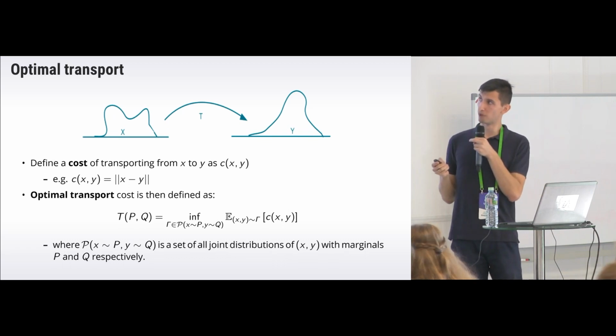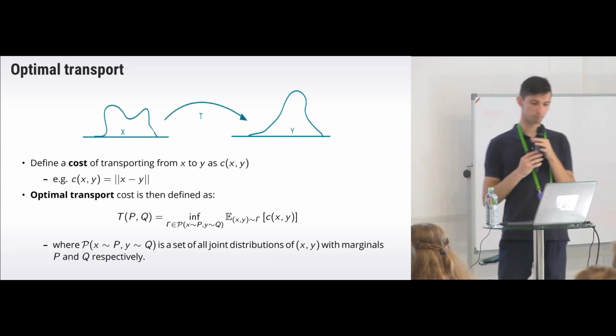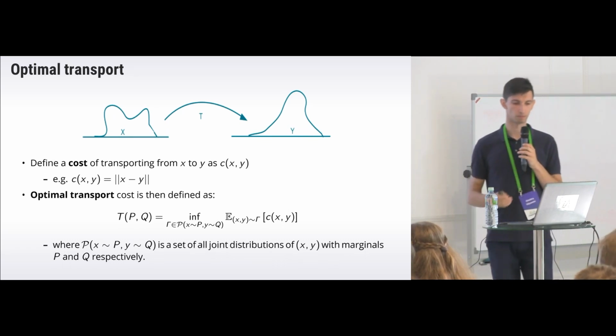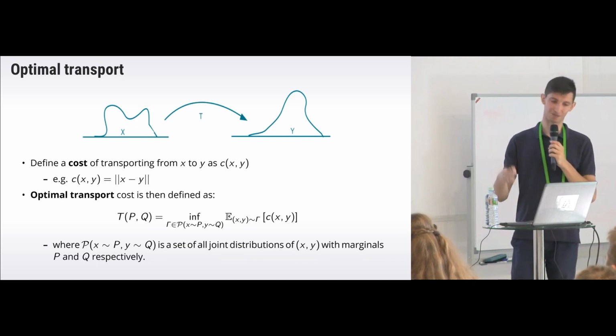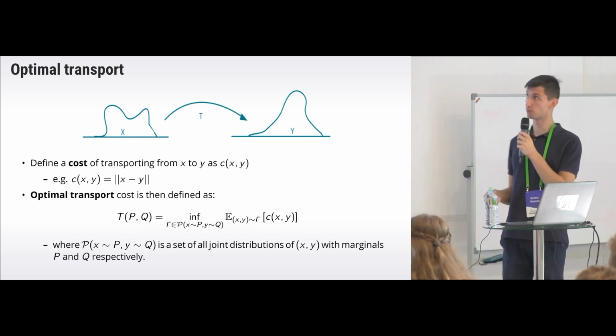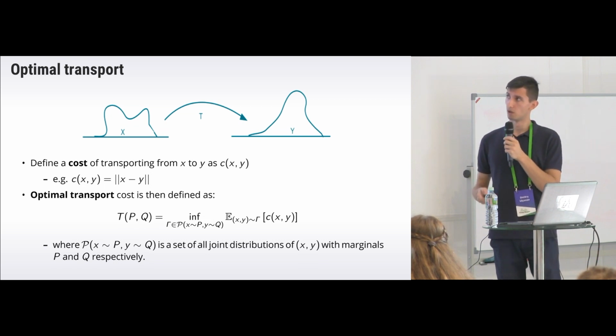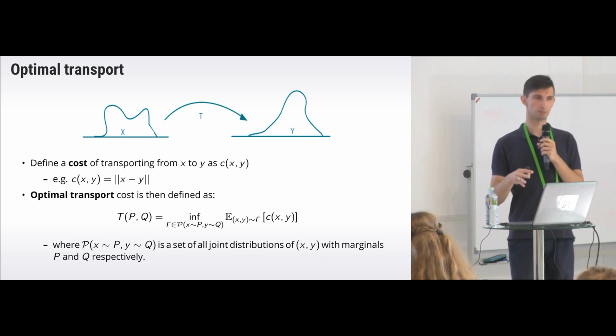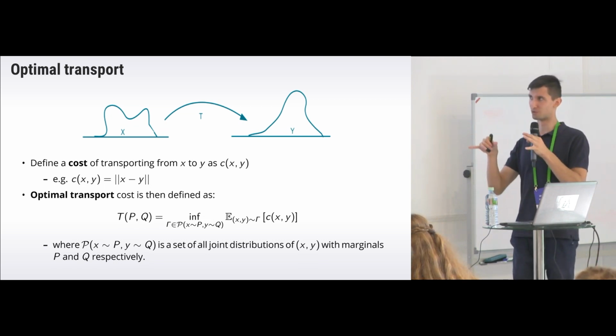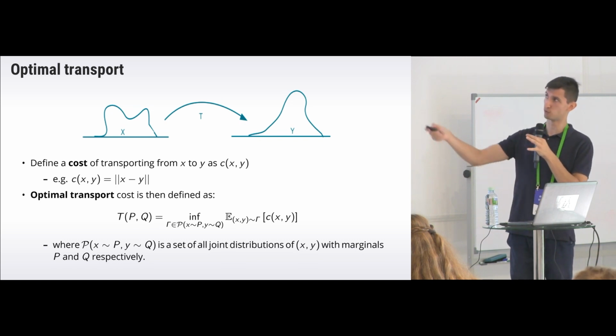The last way to measure the distance between distributions that I want to tell you about is optimal transport. Basically, it's always explained as Earth mover's distance. When you have two piles of sand, and you basically need to transform one pile into another pile.